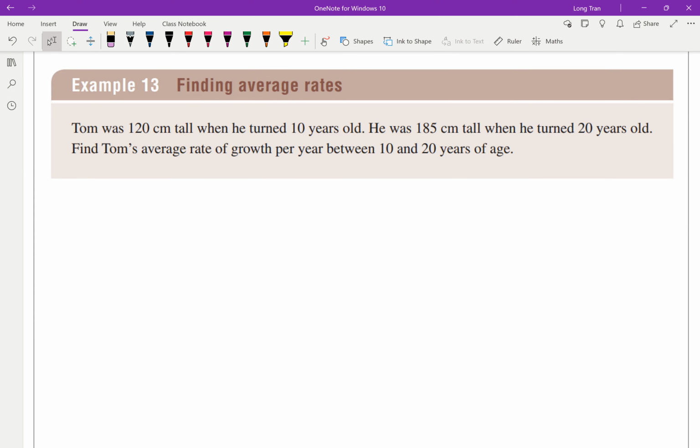So now you've got Tom was 120 centimeters tall when he turned 10 years old. So I'm going to write here 120 cm when he turned 10 years old. So you can kind of think of it as 10 years, for every 10 years, it seems like it's 120 centimeters.